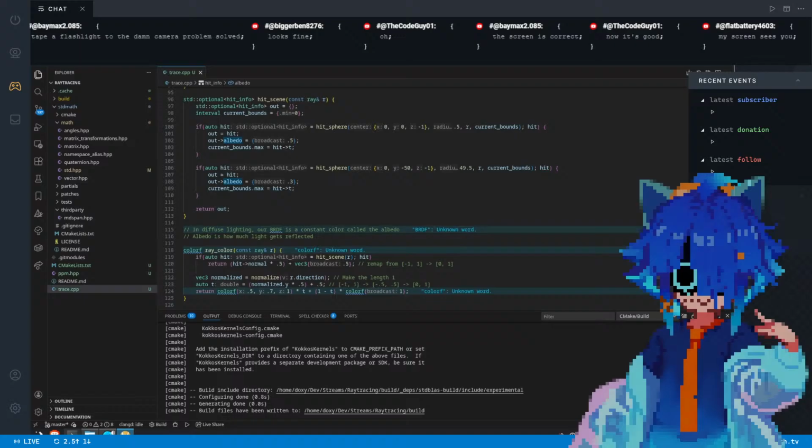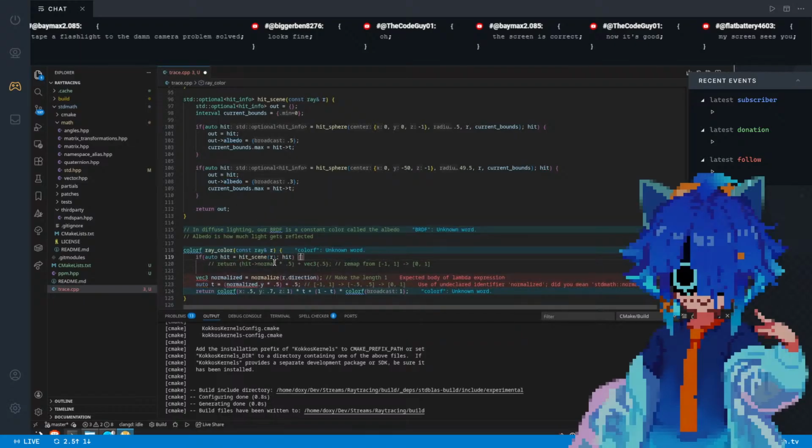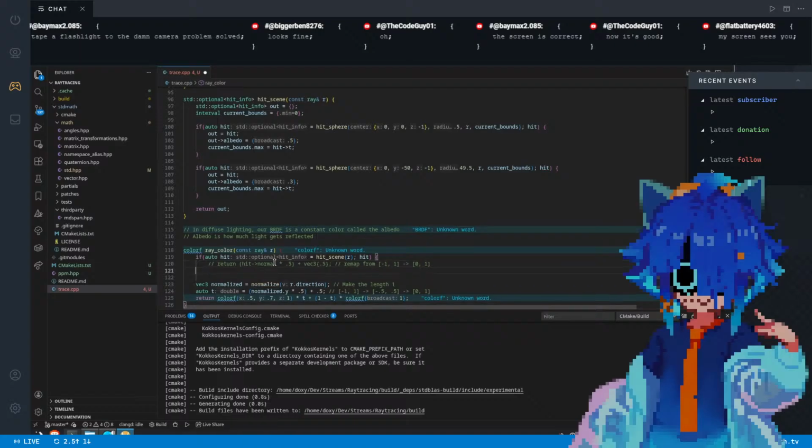So, instead of returning the normal color here, we're going to calculate what's called a Lambertian reflection value.